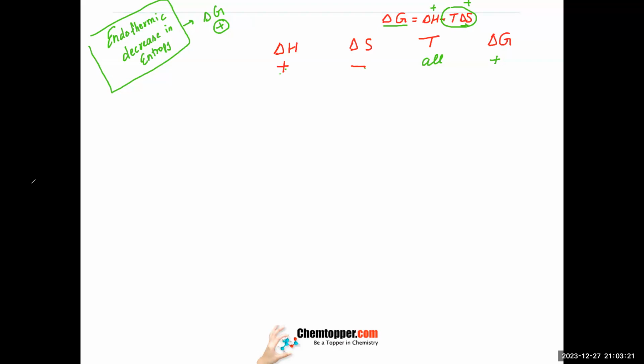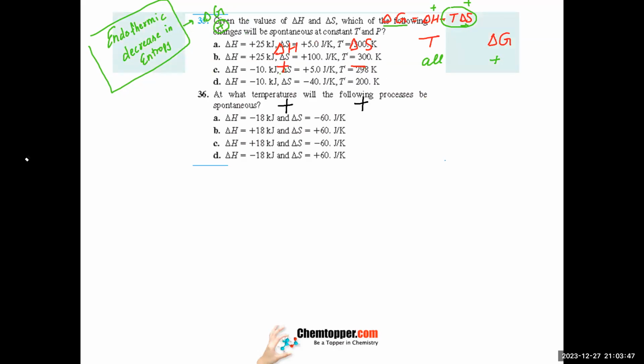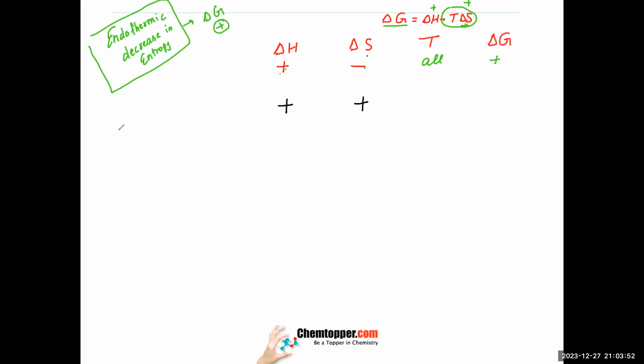Giving you the second condition. Those who are not answering, Yusuf, try to answer. Delta H is positive. Delta S is also positive. It means delta S is favoring delta G being negative. Do you want high temperature, low temperature?